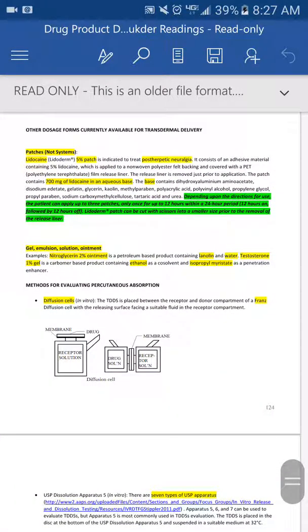So, patches, not systems. Think of lidocaine. These aren't transdermal delivery systems, they're just patches. The release liner is removed just prior to application. The patch contains the drug in a base.